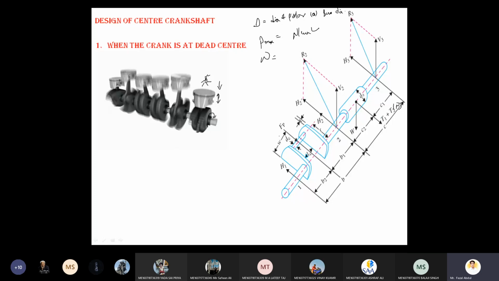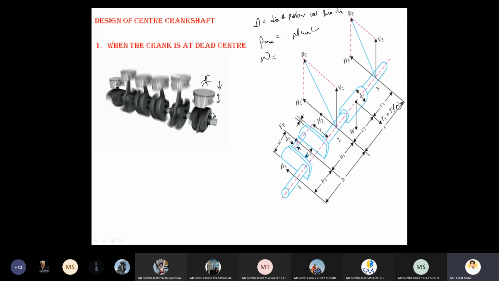The thrust in the connecting rod will be equal to the gas load on the piston. Because of this gas pressure on the piston, the load is transmitted to the crankshaft, so the entire thrust is distributed over the crank pin here.